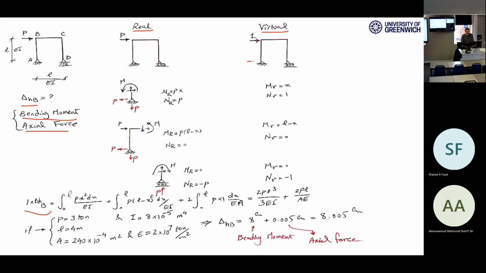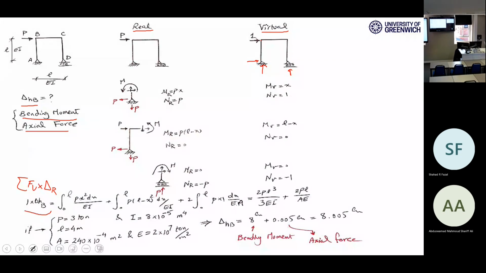To be honest, we have here some reactions as well. And to be honest, the left-hand side of the virtual work should be the whole virtual forces times delta of the real structure.